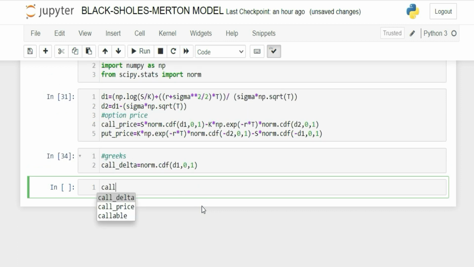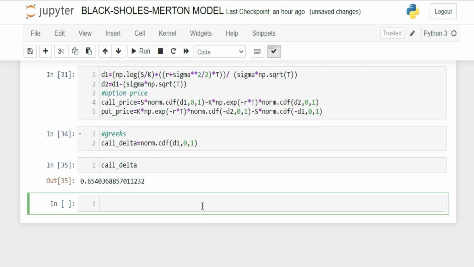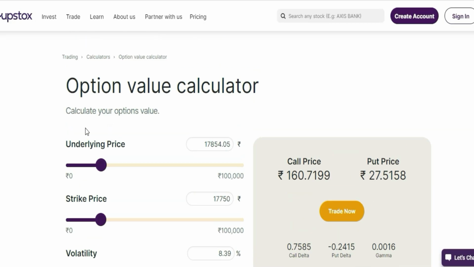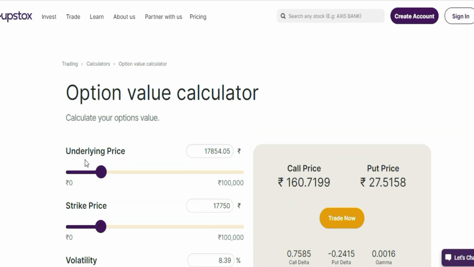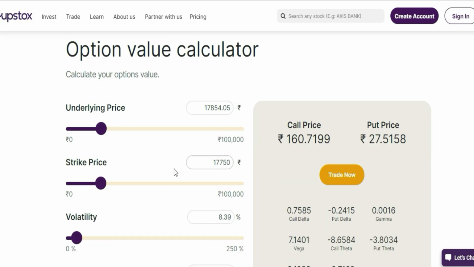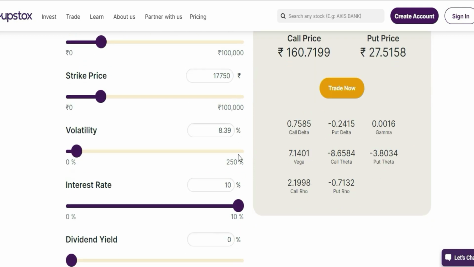If you see the call delta, it is 0.6540. So let's put all the parameters here. I've already put them here. The underlying price is 17,854 and the strike price is 17,750.